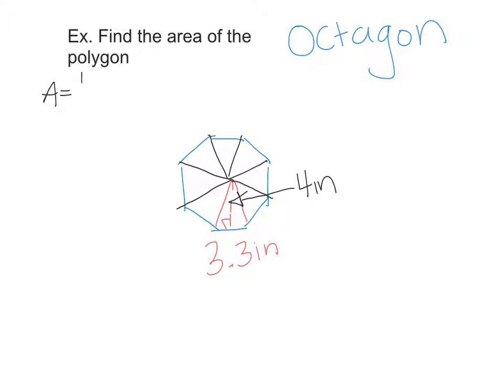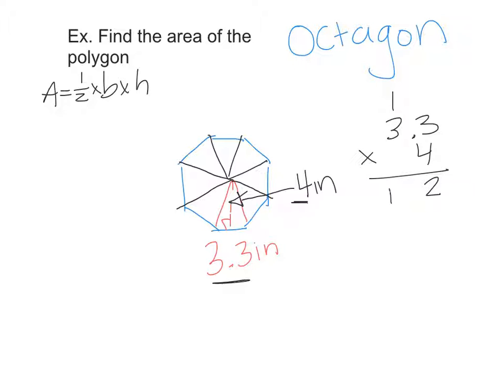So I have to know my formula. Area for a triangle is 1/2 times base times height. I'm going to take my base, which is 3.3 inches, and multiply it by my height, which is 4. Should give me something like 12, because 3 times 4 is 12. Let's see. No, I've done it all wrong. 3.3 times 4 is 13.2.